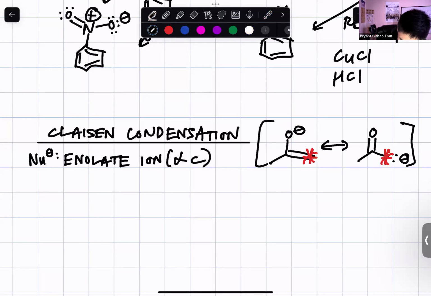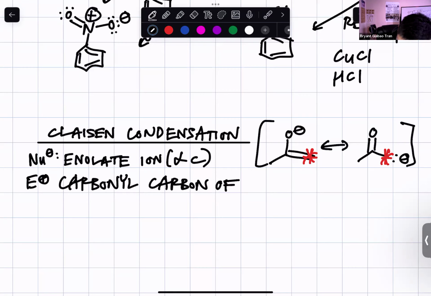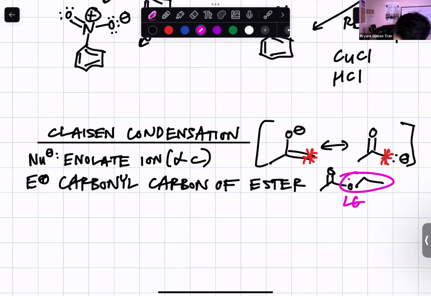of the enolate ion. The electrophile will have to be the carbonyl carbon of an ester, right? Where the OR group of the ester is going to be considered the leaving group of the mechanism of the Claisen condensation mechanism.